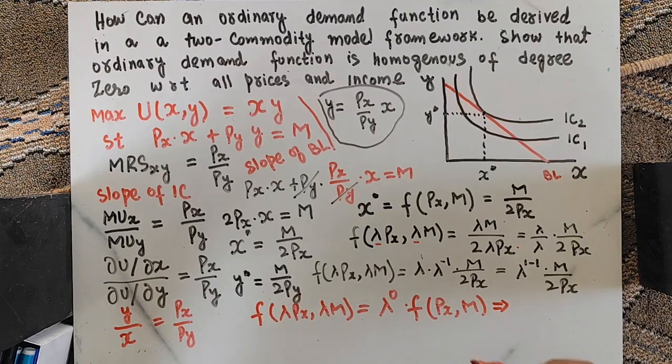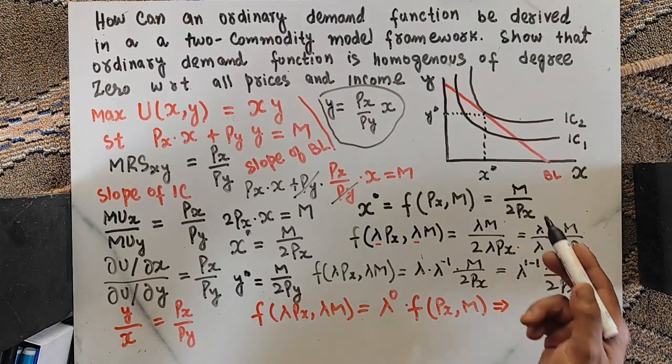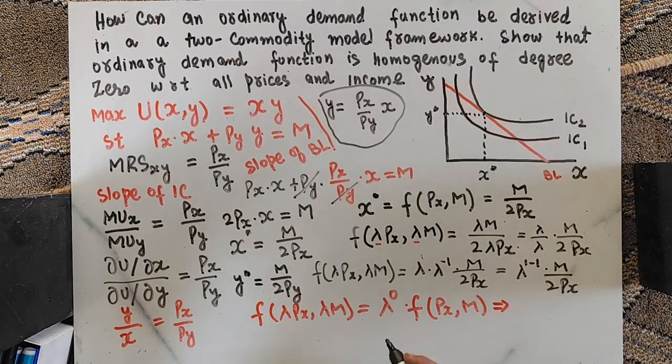Okay, so the intuition is pretty simple. Let us say the consumer is consuming good X. How do I interpret it here?